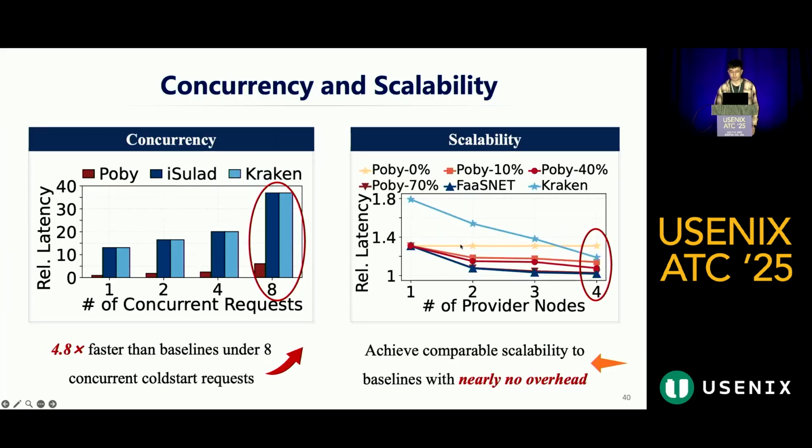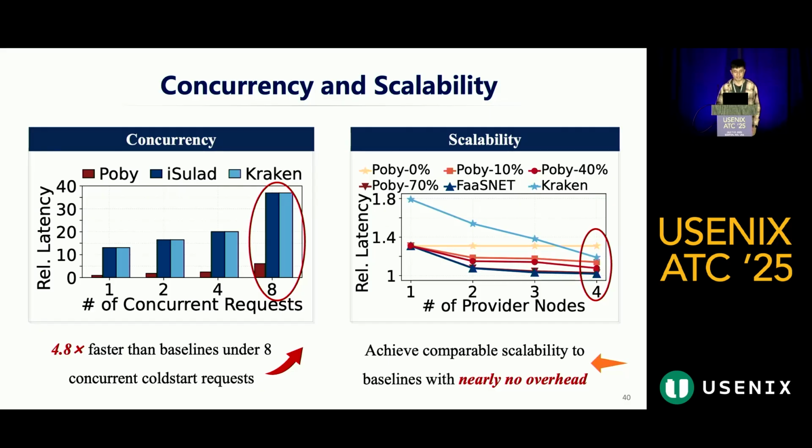We also compared the concurrency and the scalability with the SOTA works. Poby is 4.8 times faster than the SOTA works at 8 concurrency, and it achieves comparable scalability to the SOTAs with nearly zero overhead.